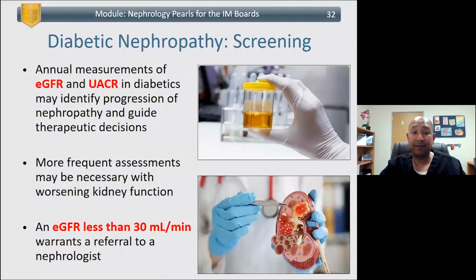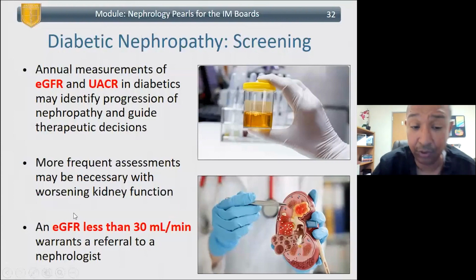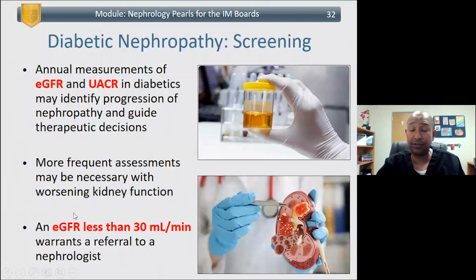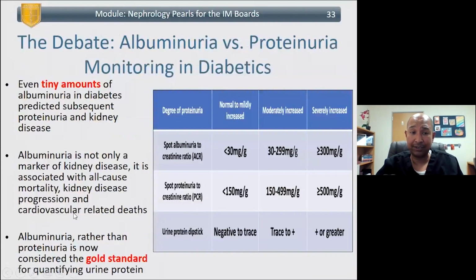Annual measurements in diabetics of the estimated GFR and the urine albumin creatinine ratio. And sometimes more frequent assessments may be necessary as kidney function may be getting worse. And if your estimated GFR is less than 30, that's time to see a nephrologist.